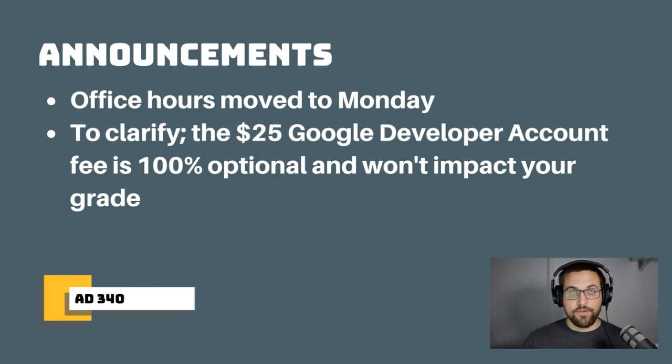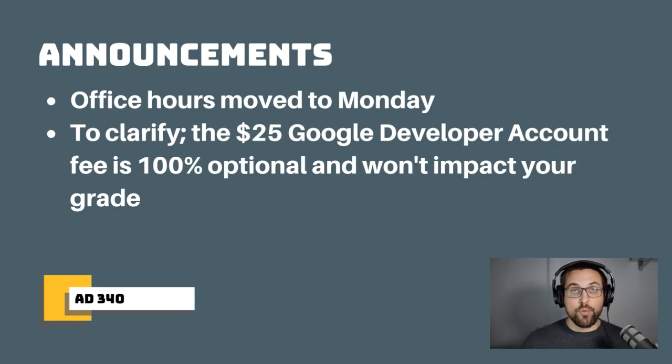I also want to clarify a point in the syllabus. There was an optional item about a $25 Google developer account fee, and I want to point out that it is completely optional. It will not have any impact on your grade or assignments. At the end of this course, we'll have a bonus lecture about how to take the apps we've built and upload them to the Google Play Store.